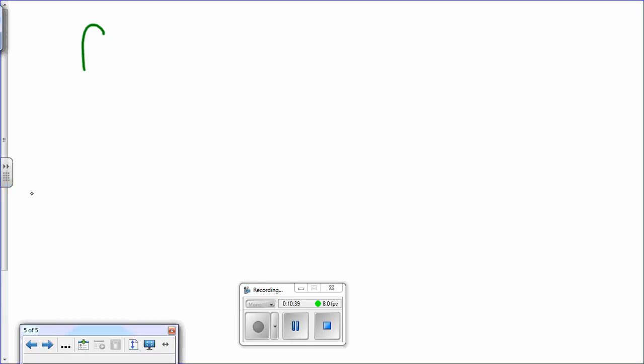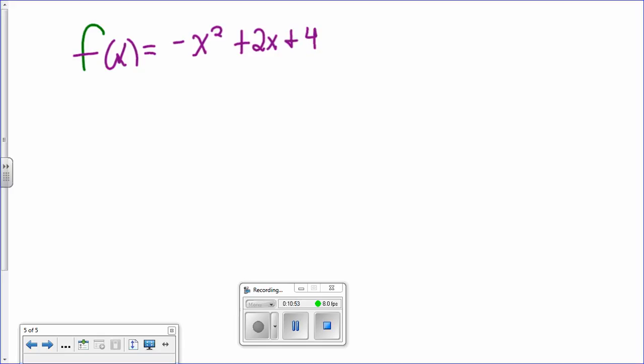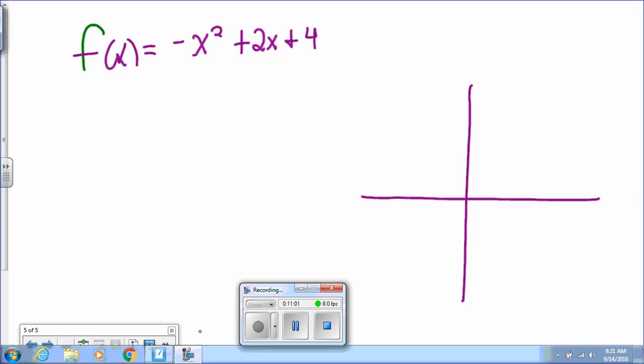Alright, f of x equals negative x squared plus 2x plus 4. So you have to graph from general form, or what I call standard form.